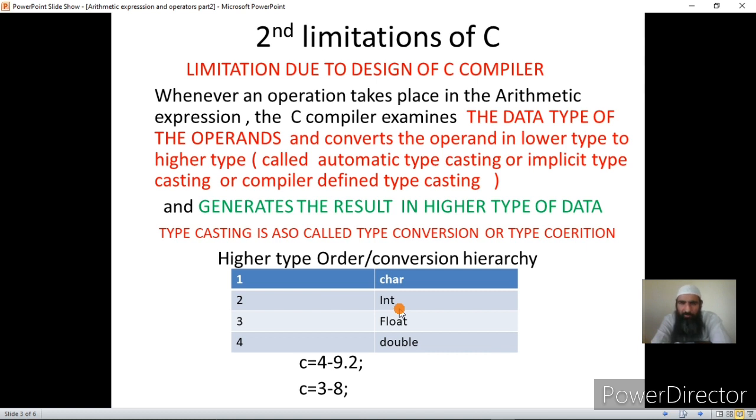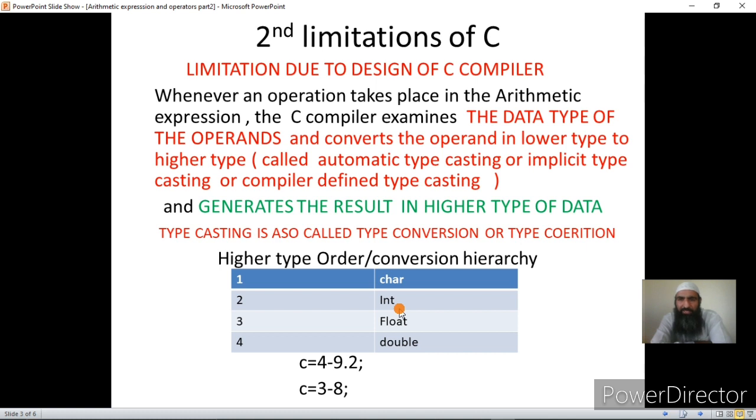As we know, arithmetic expressions are the combination of operands and the operators according to the rules of syntax. Now, operators designate an operation. So whenever the operation takes place and wherever it takes place, the C compiler will do the following things.